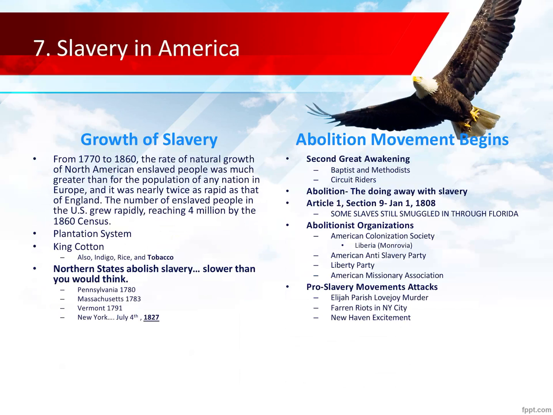Talking about blights, another big blight on our country was slavery. The natural growth means that it's by birth. And the natural growth rate of enslaved people in the United States was faster than any country in Europe.